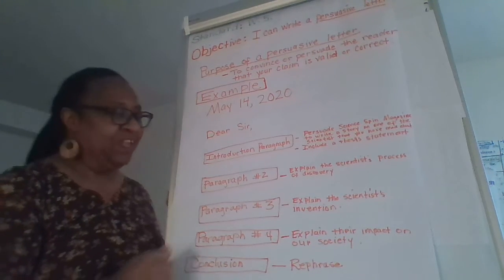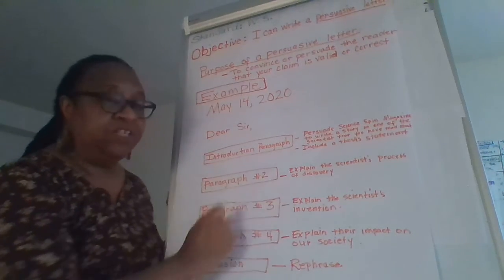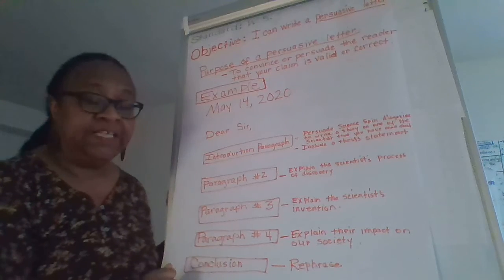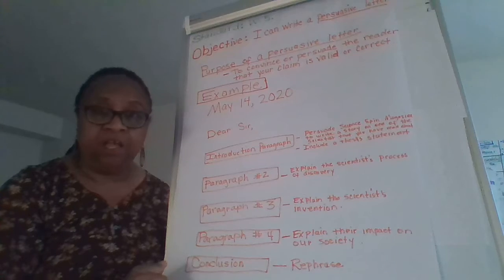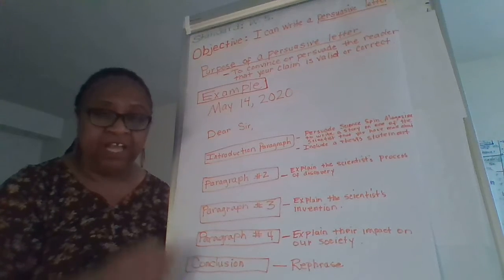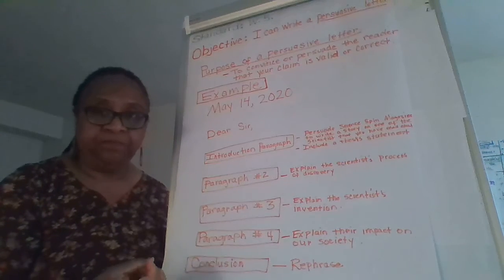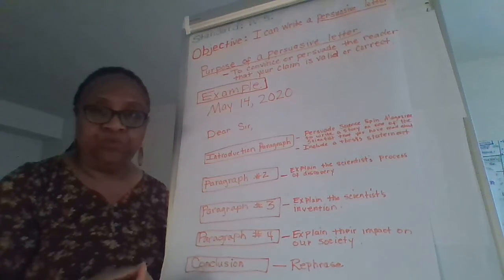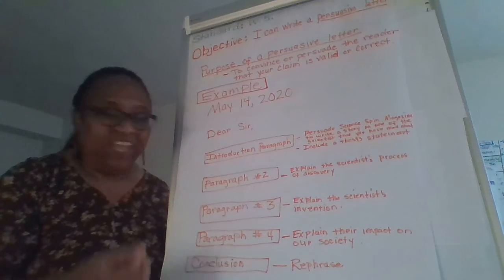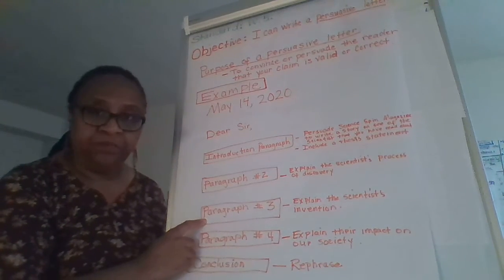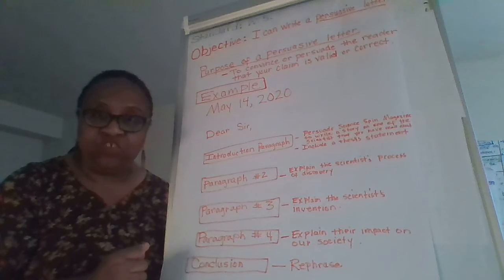Okay? Your second paragraph, you are going to explain the scientist's process of discovery. Talk about the process of the discovery. How did they get to that point? What process did they go through to get to that discovery point? Okay? And then thirdly, in this paragraph, you're going to explain the scientist's invention.